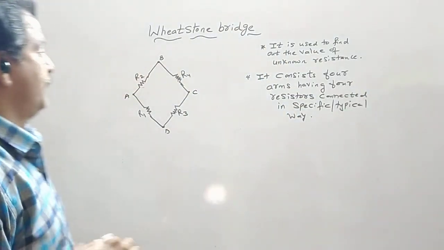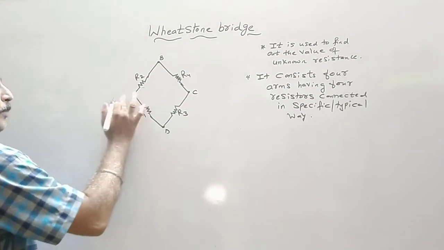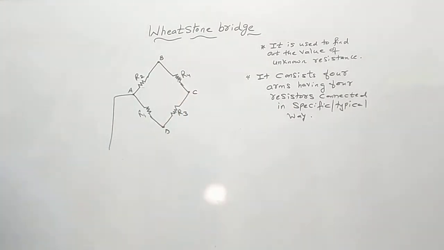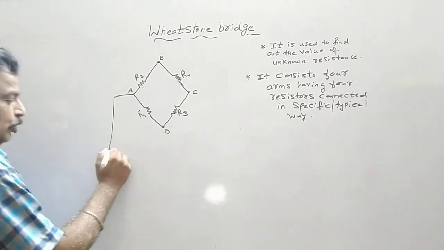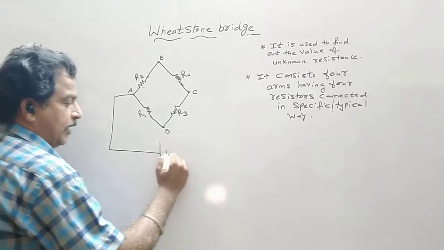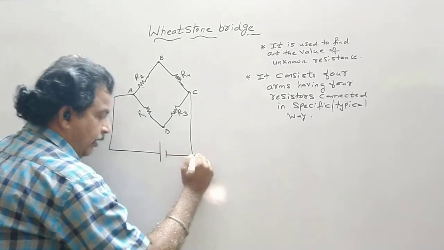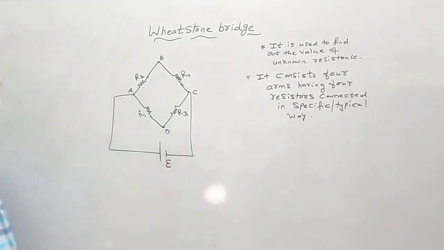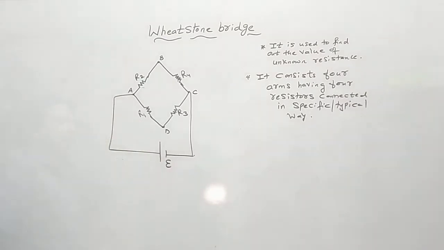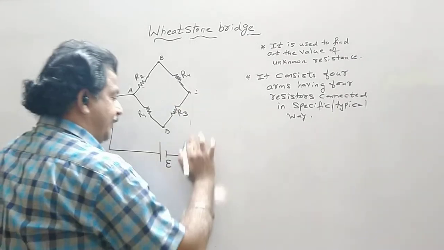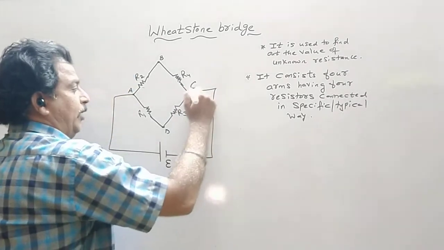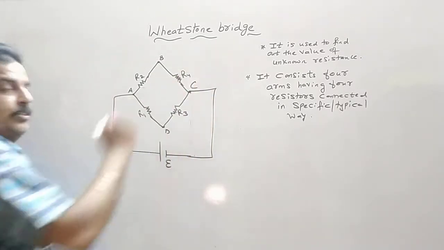Now across the opposite points, that is A and C, that is the diagonal, so the 2 vertices which are opposite to each other, we connect a cell having EMF E whose internal resistance is 0. We have 2 diagonals, BD and AC.